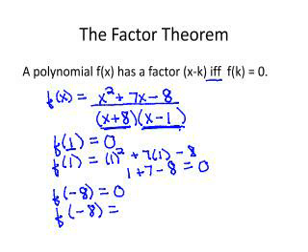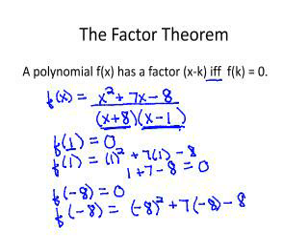So we go back up to that original polynomial, negative 8 squared plus 7 times negative 8 minus 8. Negative 8 times negative 8 is positive 64. 7 times negative 8 is minus 56 minus 8.